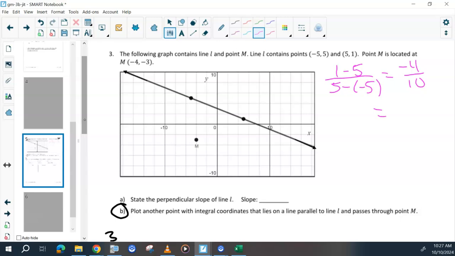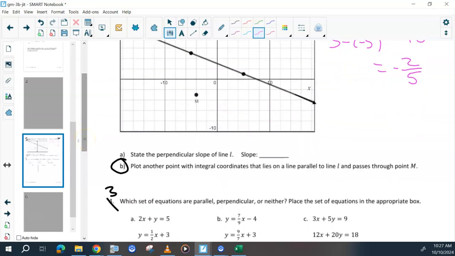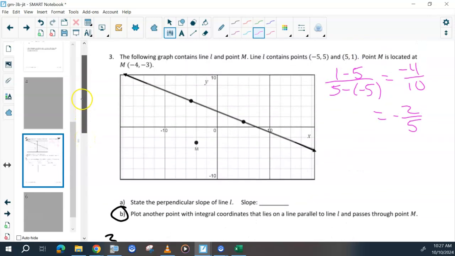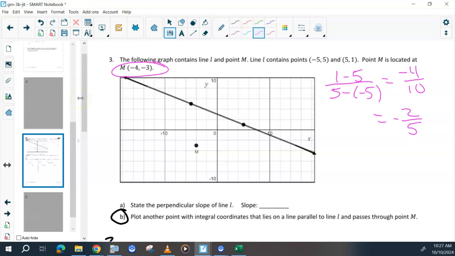Which would simplify to -2/5. How this is in the middle is because this is really an odd number. So I know that's my slope, and my parallel line would have the same slope. If it goes through this point M, I can use either slope-intercept form or point-slope to find that.